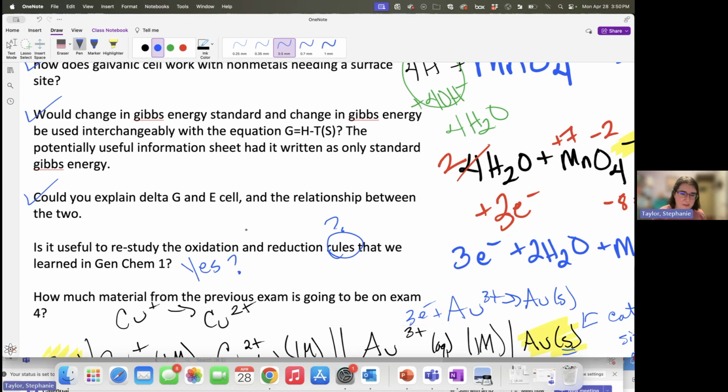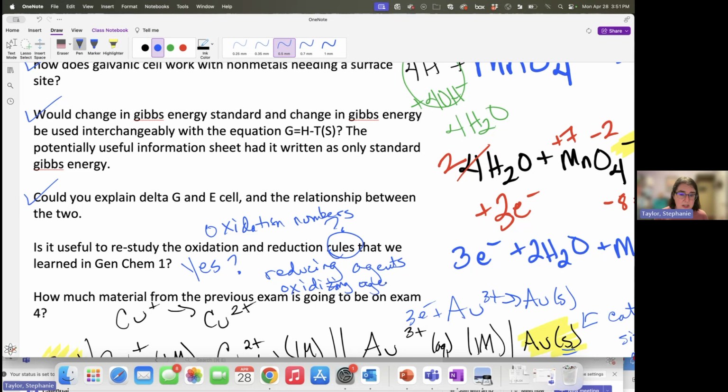If I had to guess, I'm going to guess that these are the rules for oxidation numbers. I'm going to also guess that this has something to do with reducing agents, oxidizing agents, because all of that's fair game.